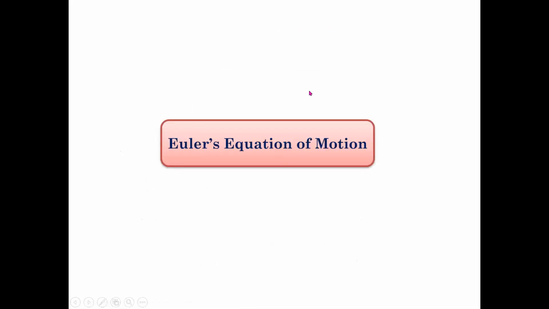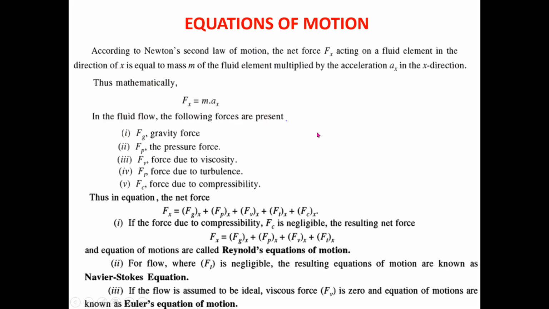Yes, please copy this. And here you can write for the last point, for Euler's equation, Fx equal to the first 2 terms, Fg of x plus Fp of x.